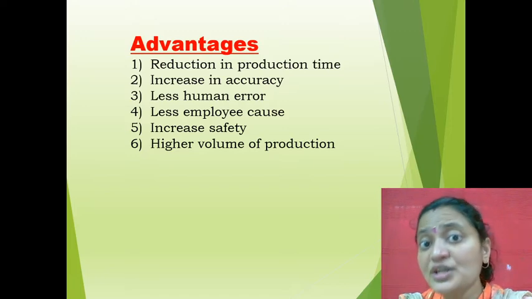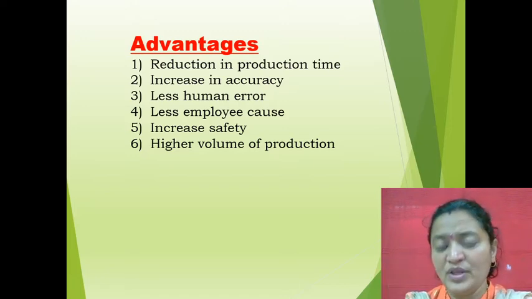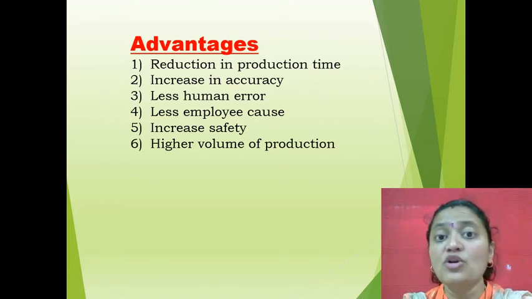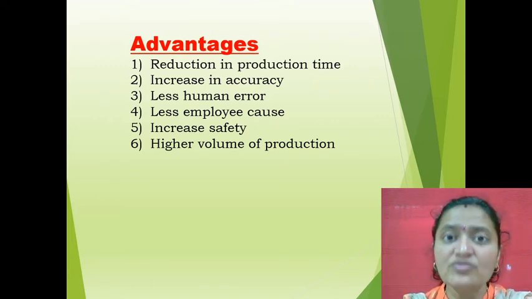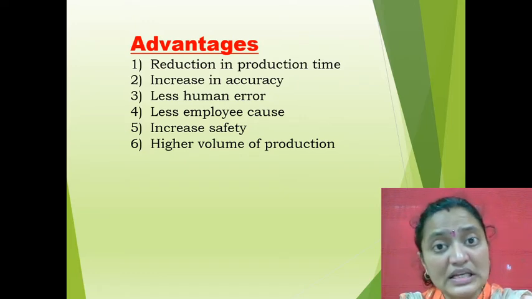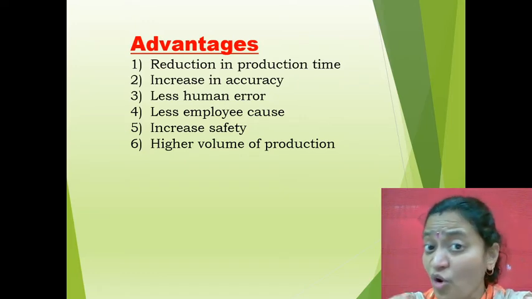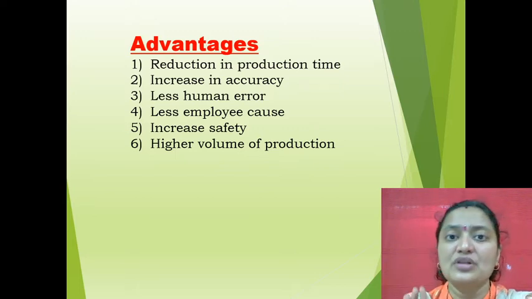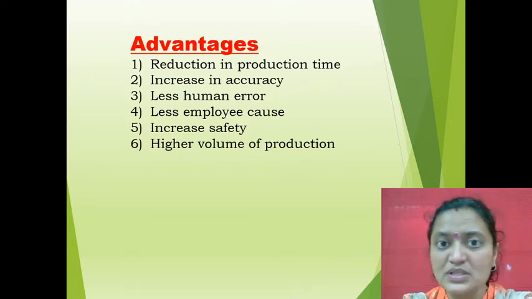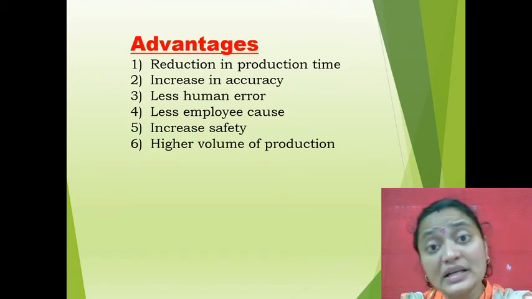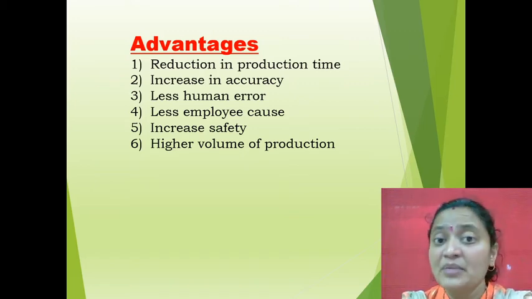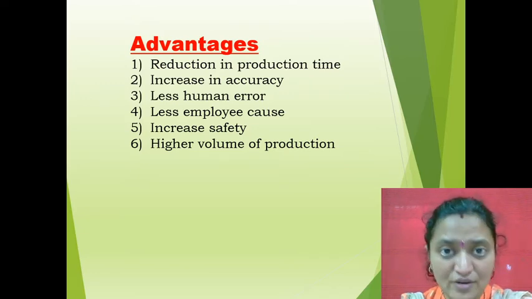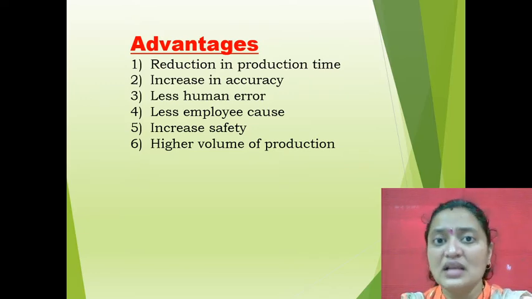Means the production time will be reduced. Production time will be reduced means that much time will be saved in doing that particular work with the help of machine. Then there is increase in accuracy, meaning whatever work you do, you will get that work with less error, no mistakes. Then less human error, meaning the machines will not commit any kind of mistake, so human errors are less.